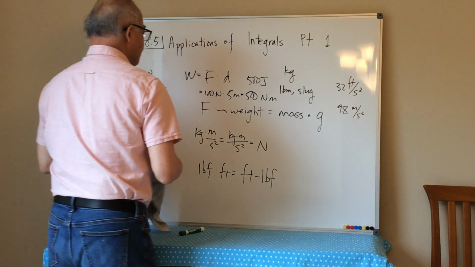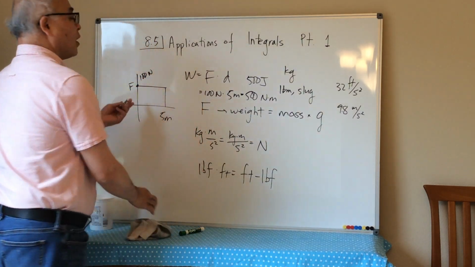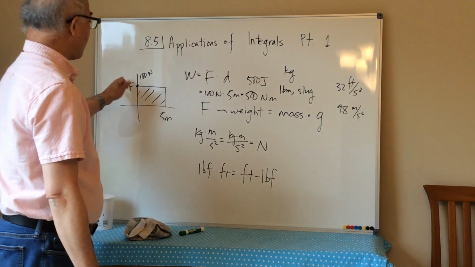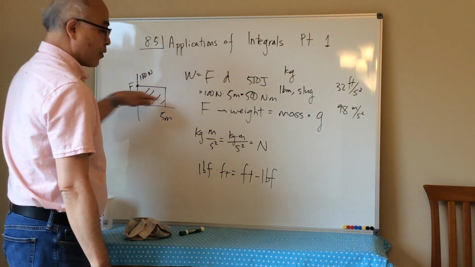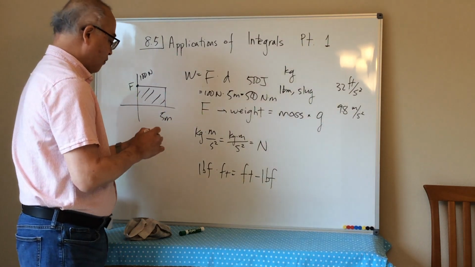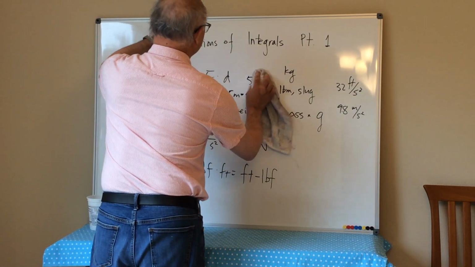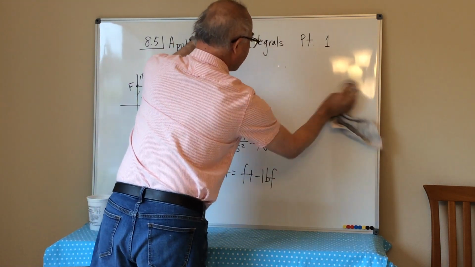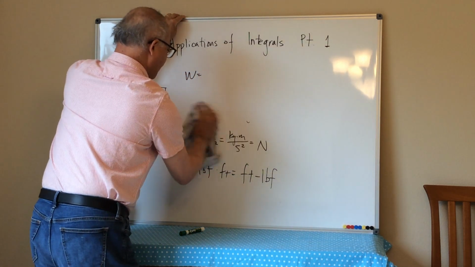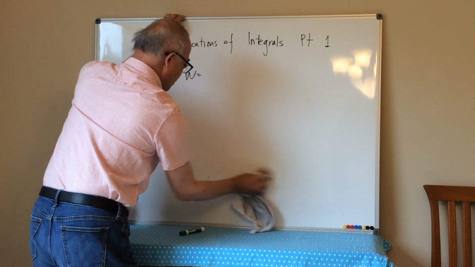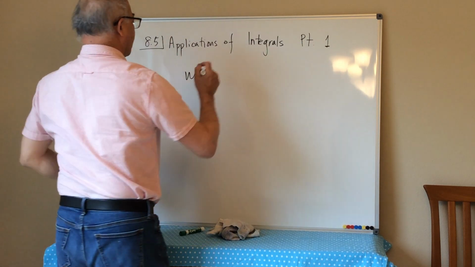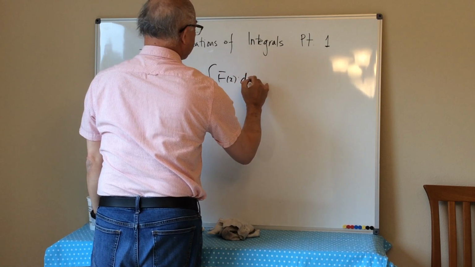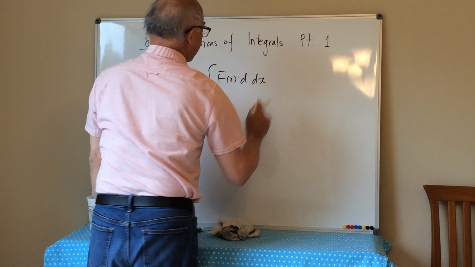If the force is not constant, what do we have? You basically have an area under the curve, where you have force on one axis and distance on the other. So if they are not constant, then you are forced to do something like this: the integral of f of x dx.